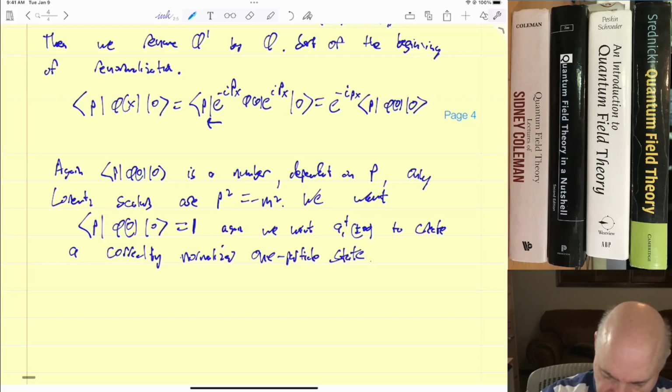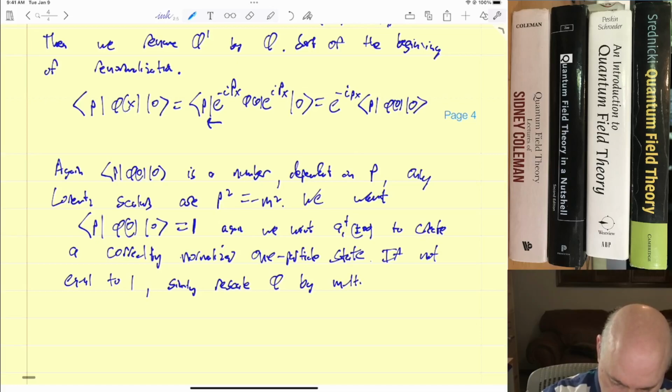Now, if it's not equal to 1, simply rescale phi by a multiplicative constant.